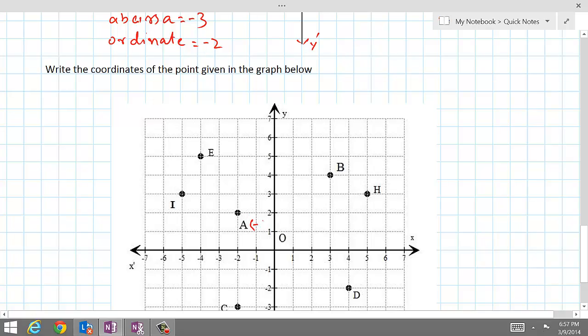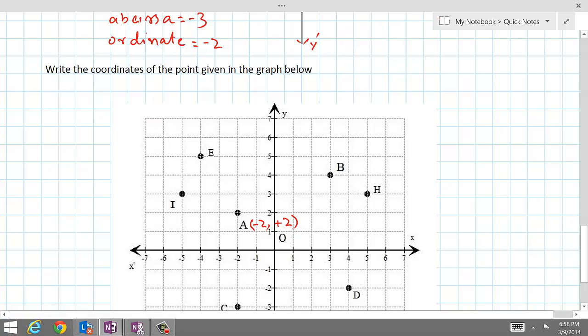So minus sign, and then how far to the left? 2 units to the left, so -2, and then a comma, and then the vertical distance from the x-axis, 2 units above the x-axis. If it is above, then it's positive. So this is +2.